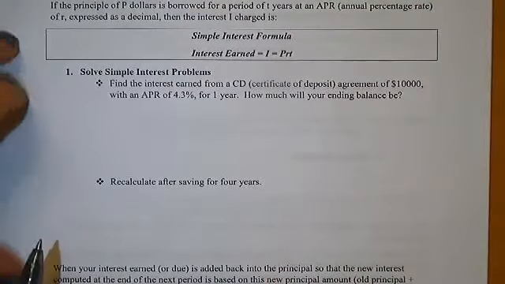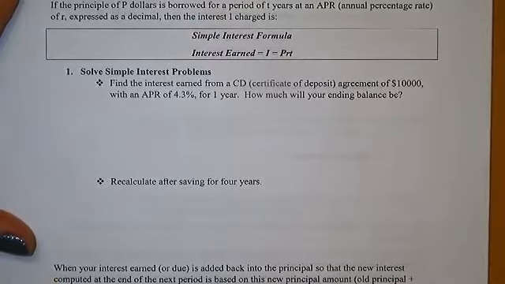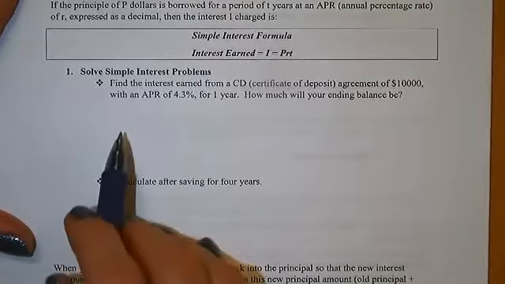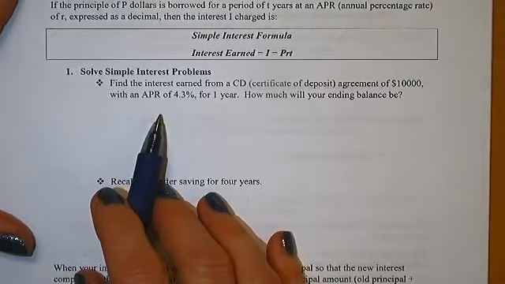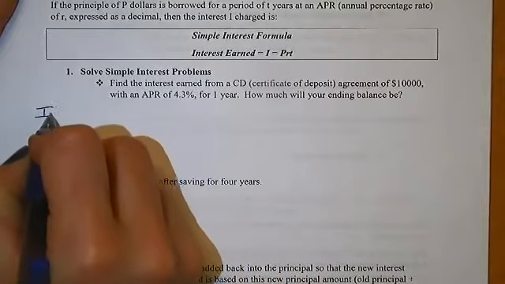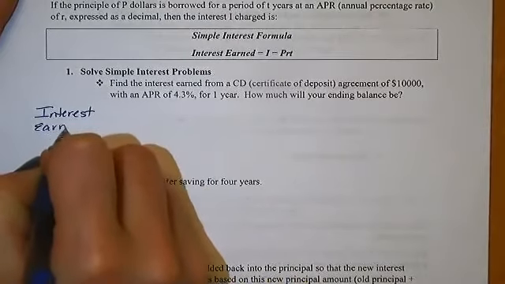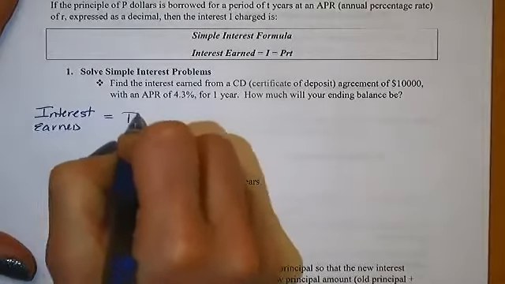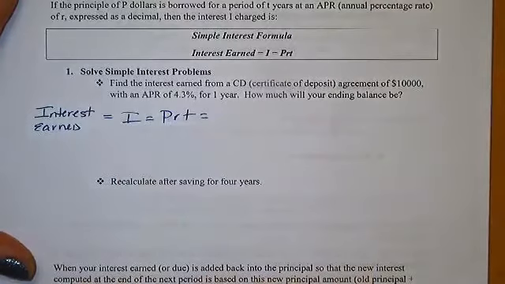Find the interest earned from a CD, certificate of deposit, agreement of $10,000 with an APR of 4.3% for 1 year. How much will your ending balance be? So first, let's find the interest earned. PRT.